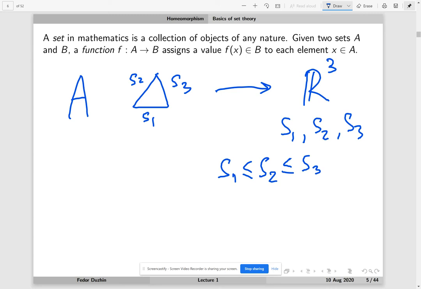So given a triangle, we measure its side lengths. Then we arrange them in the increasing order and name them S1, S2, S3. And then to every triangle, we assign the triple S1, S2, S3 as a point in the three-dimensional space. So this will be a well-defined function from the set of triangles to the three-dimensional space R3.